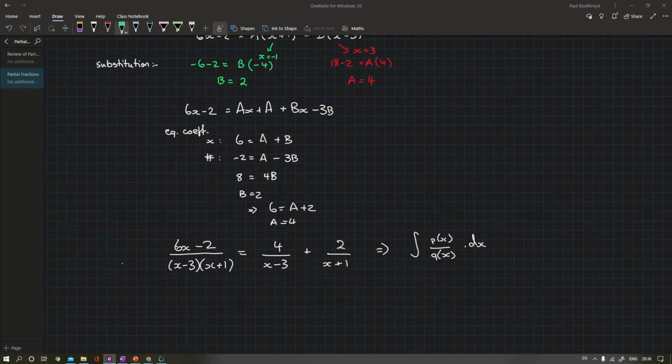The other thing they said is to watch out if this was squared. That's because there are actually therefore 3 things that need to be considered as possible fractions. We've got x minus 3, the x plus 1, and although it's a bit odd, x plus 1 squared, you would be tempted to put a cx plus d.